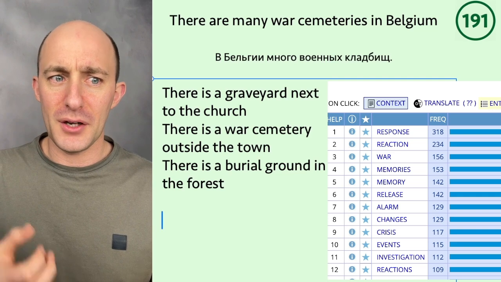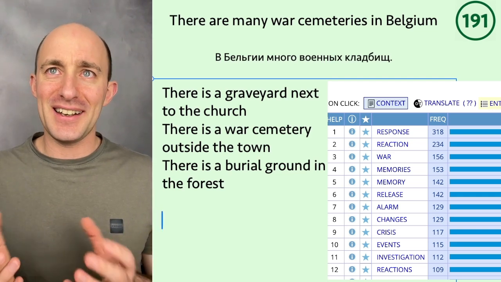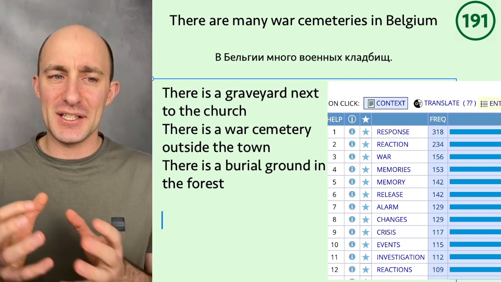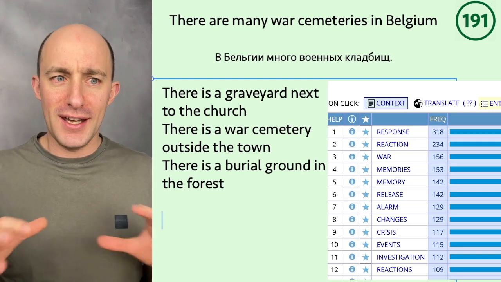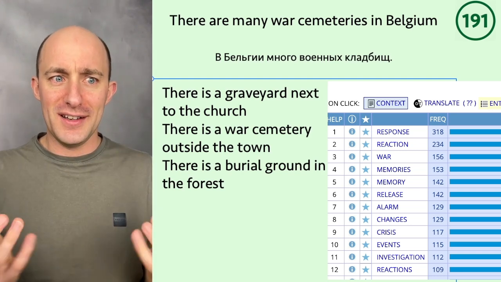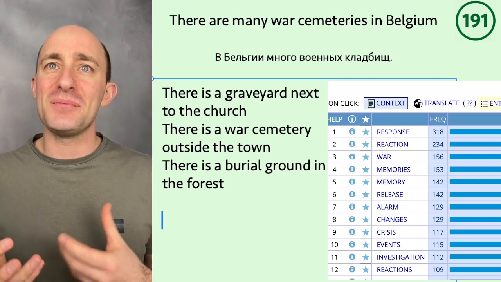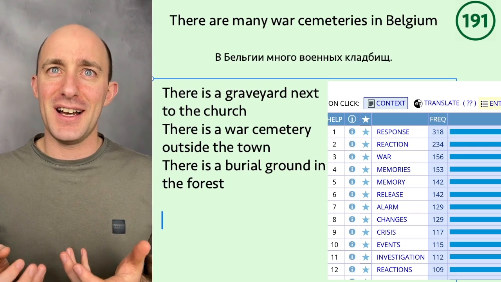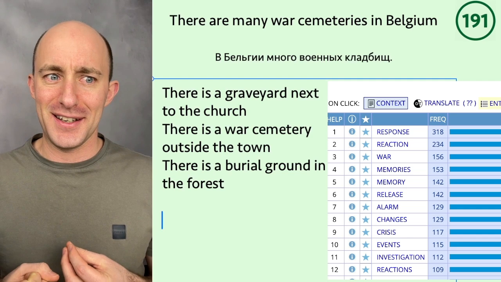So, graveyard, it's a yard, it's dvor. So it has to be in a city, really. It has to be usually next to a church. Whereas a cemetery is usually bigger than a graveyard, and it's a whole area for graves, могилы. Burial ground, it sounds much more natural, almost like a pagan place. Pagan is язычные, I think.